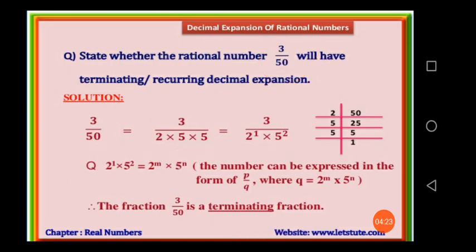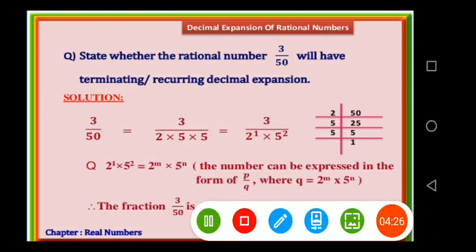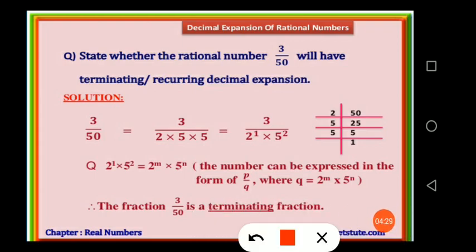Once again, I repeat for you that if the decimal expansion is terminating, then the denominator's prime factorization is of the form 2^m into 5^n, which means that the prime factors of the denominator are only 2 and 5. It might be possible that it consists of only 2, or only 5 also.